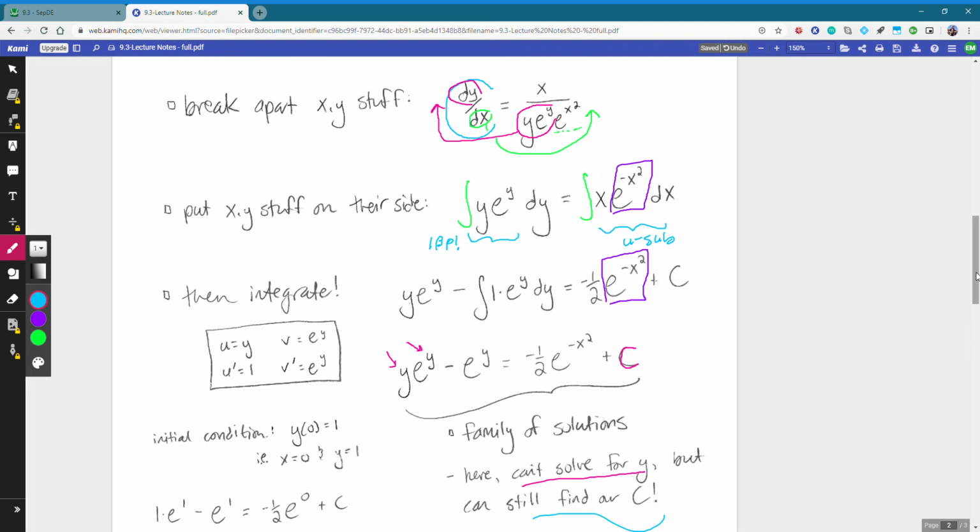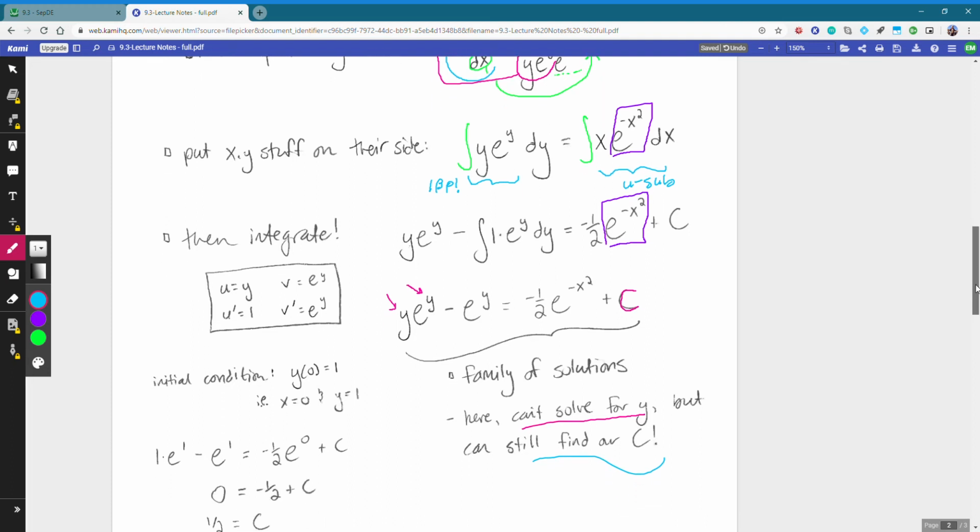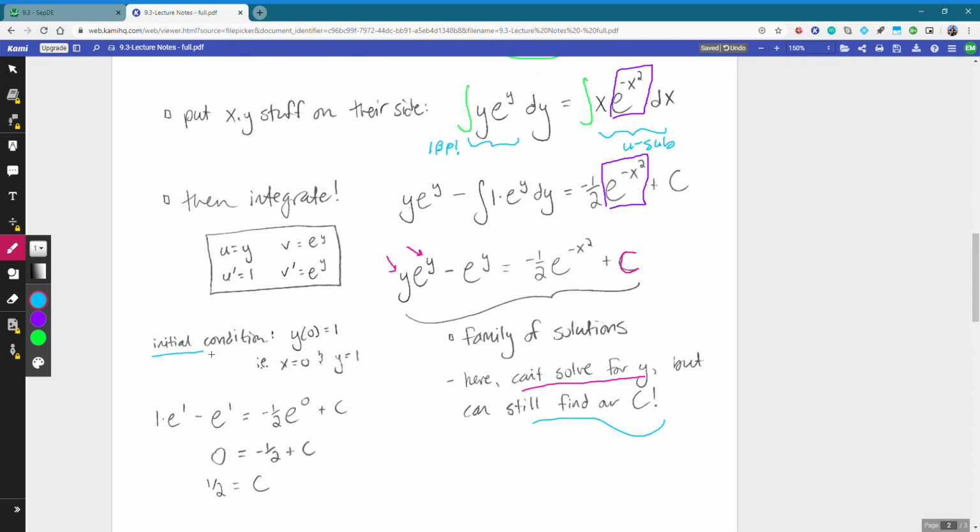And so here on the left, we're working through that. Our initial condition is that y of 0 equals 1, or in other words, right, if we plug in x equals 0, the y value that we got spat out needs to be 1. And so here we can take these two values for x and y and just pop them in to our family of solutions equation here.